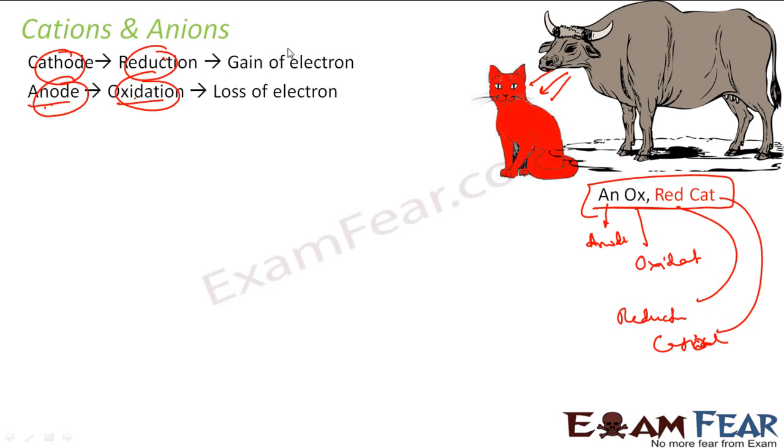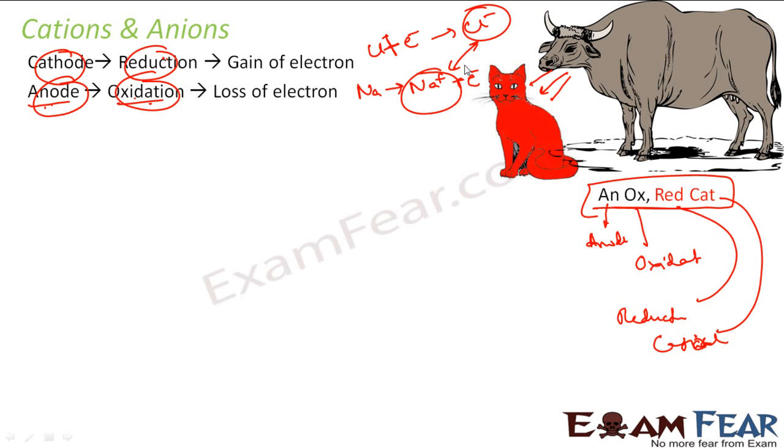Gain of electron. Oxidation is loss of electron, because sodium will lose the electron and get a positive charge. This is called oxidation, getting positive charge, losing electron. And reduction is gaining electron. You have Cl and you get this electron, you get Cl minus, and you are stable. Both are stable.